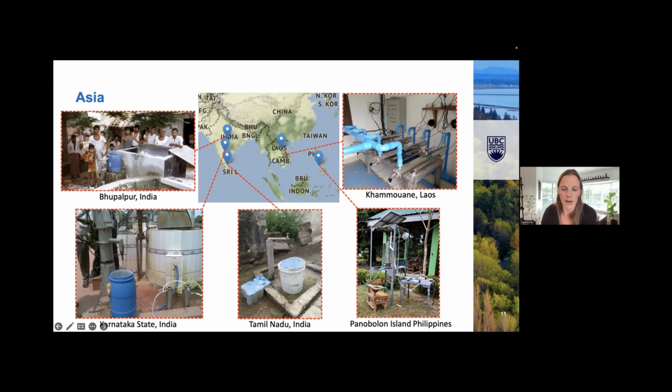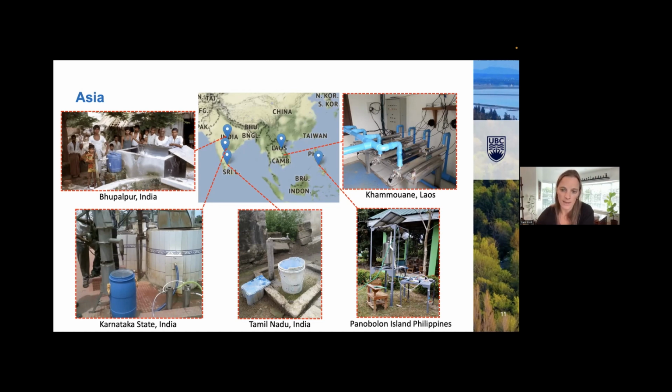Then I'll go to the Panabalan Island one in the Philippines on the lower right. This was submitted and worked on through the University of Tokyo. Dr. Kumi Aguma submitted this one, and she was working in collaboration with the University of San Agustin in the Philippines. This was a community of 50 people on an island in the Philippines. They had groundwater contamination in all 9 wells, so they set up the system.